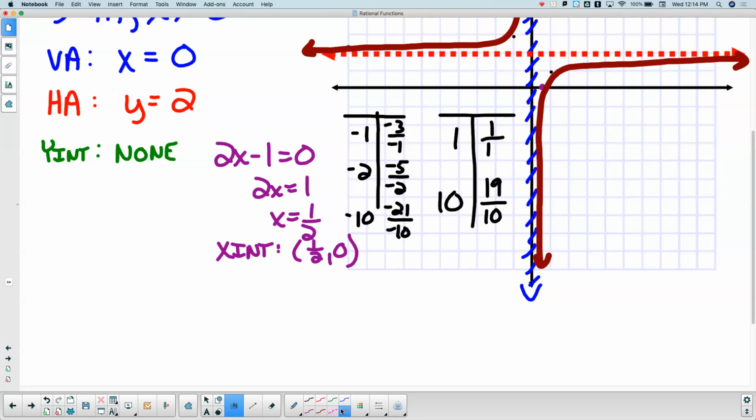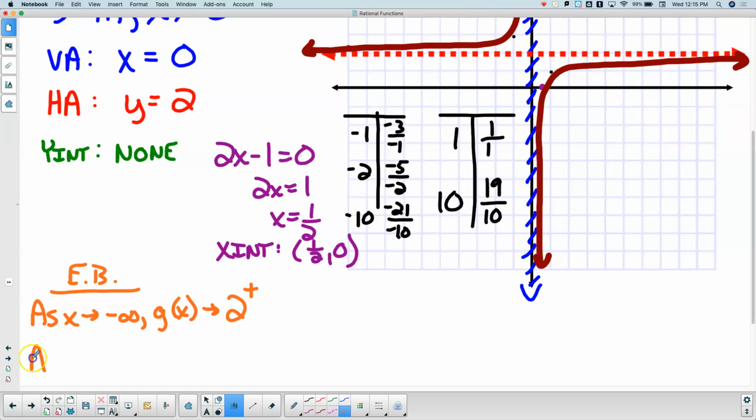So let's do end first. As x goes to negative infinity, my function g of x approaches 2 from above. As x goes to positive infinity, g of x approaches 2 from below. Yes?